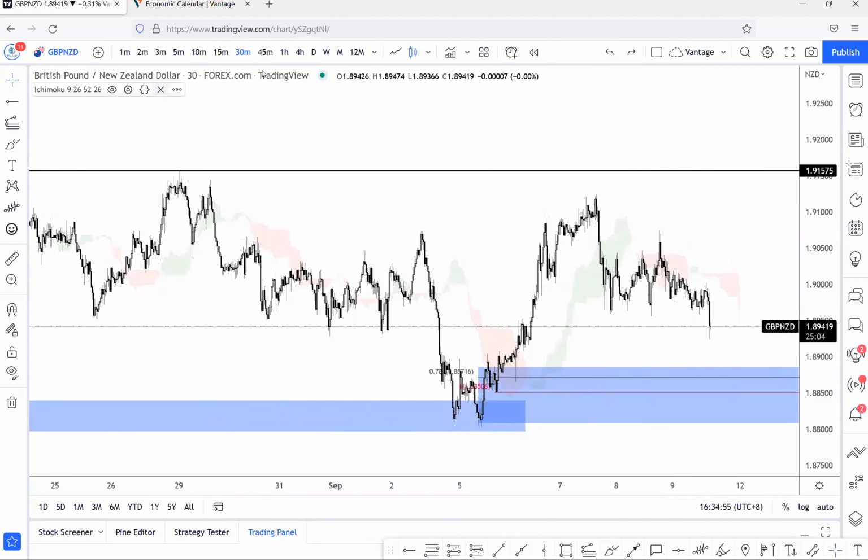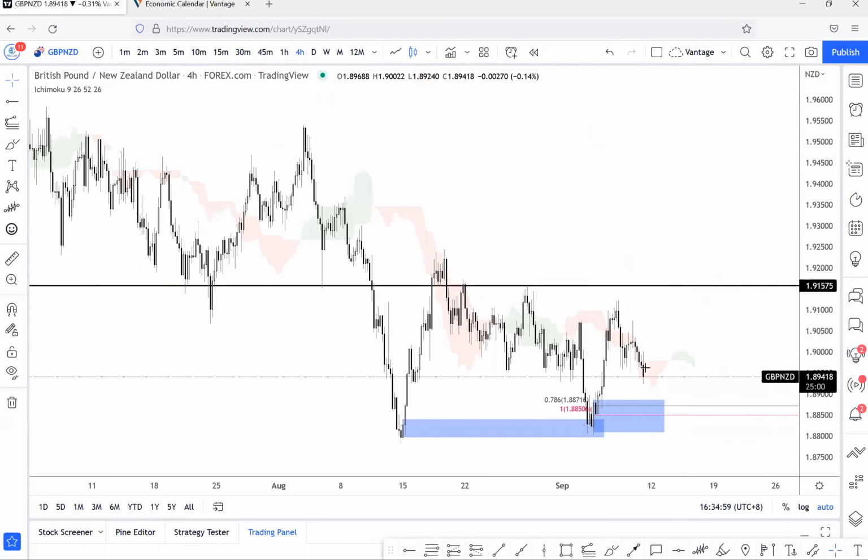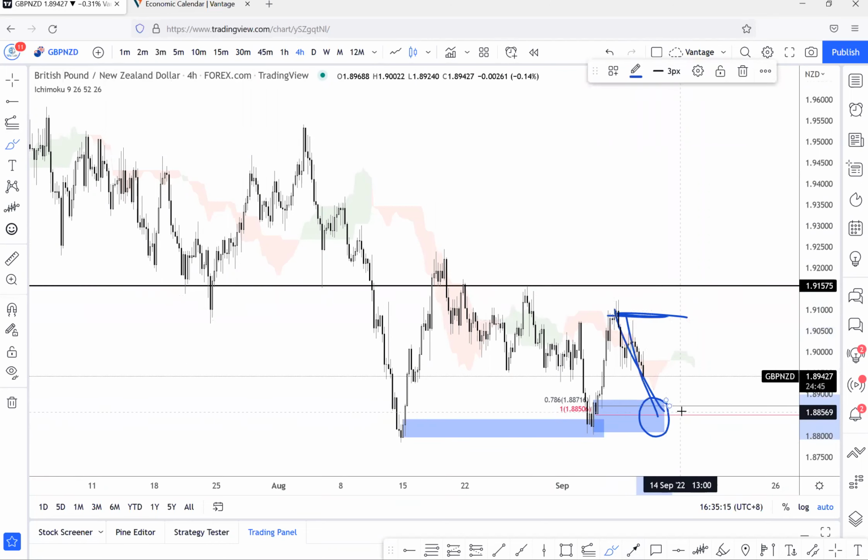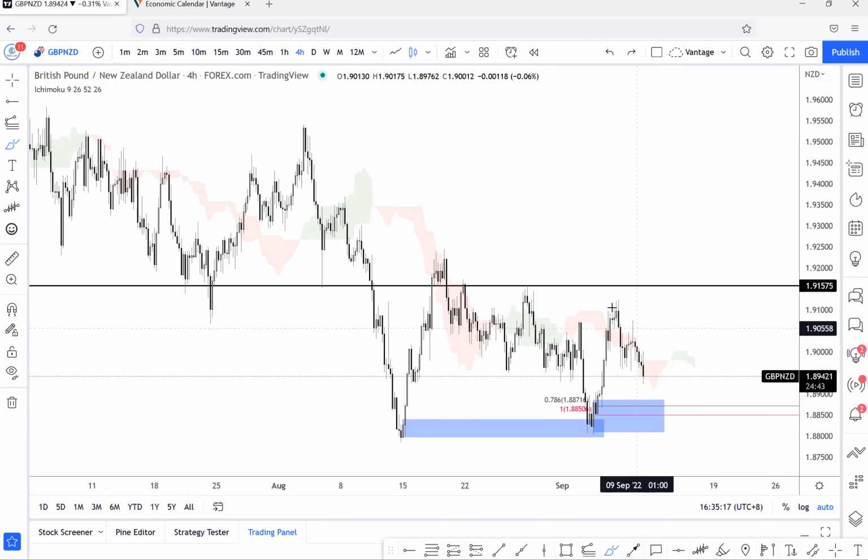In terms of the target, we want to go back to the 4 hour time frame. If price drives into this region and you see the demand zones starting to come in control, or your resistance areas are failing, my target would be this H4 high, because this is the last move that drove price into this demand area. So this would be the first target.